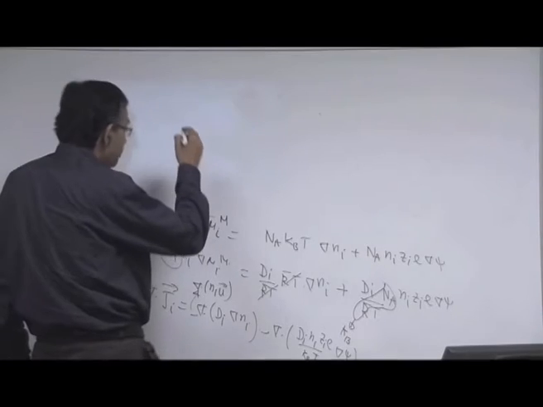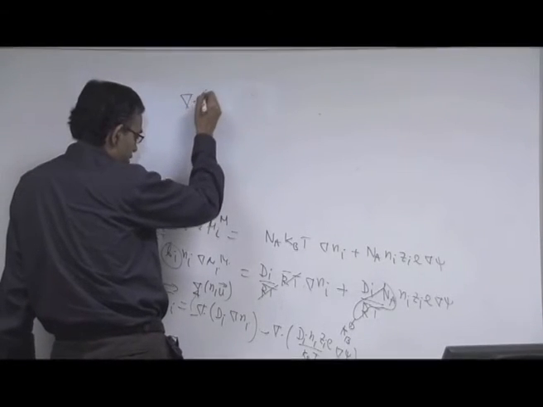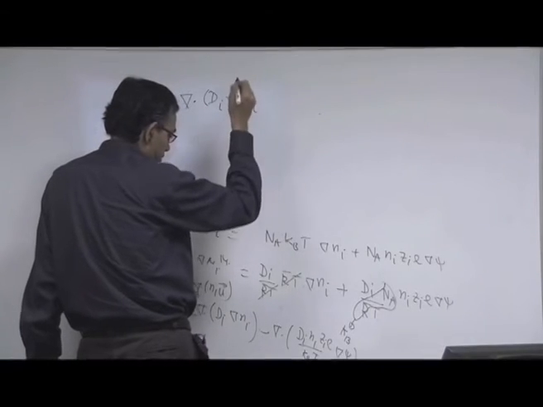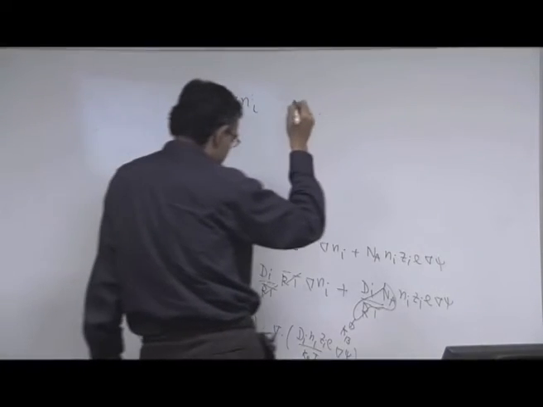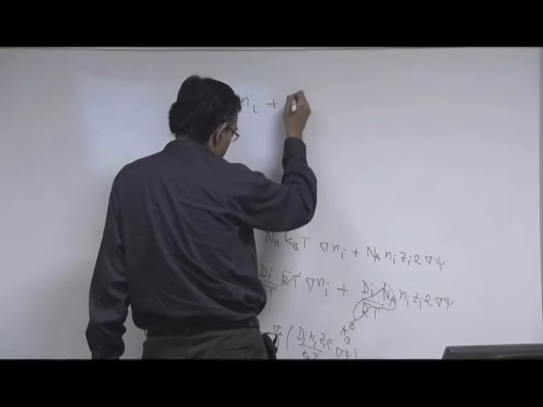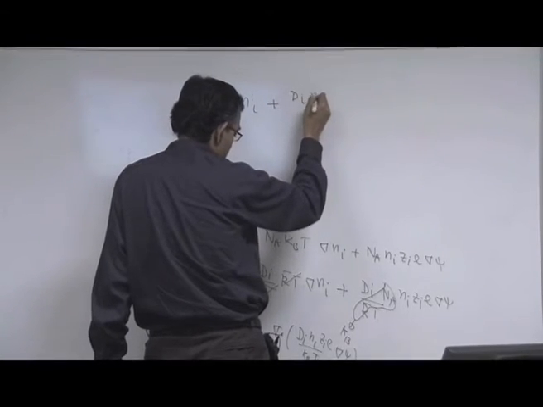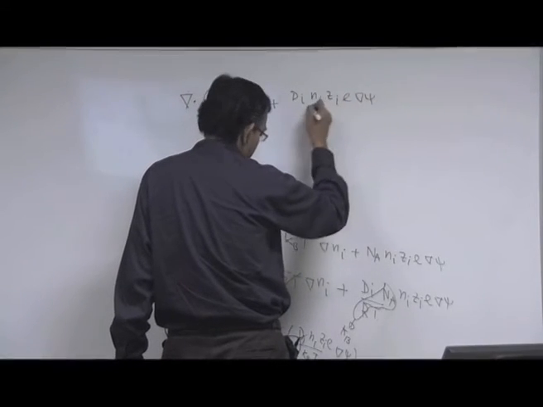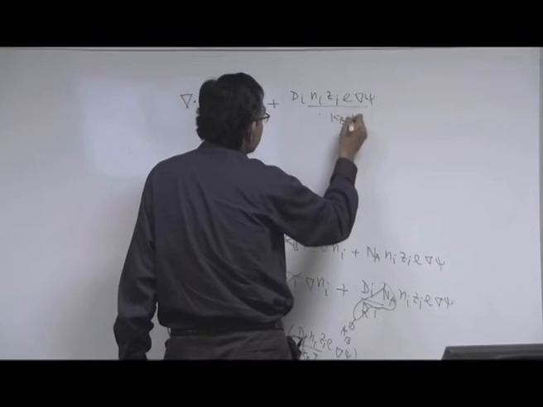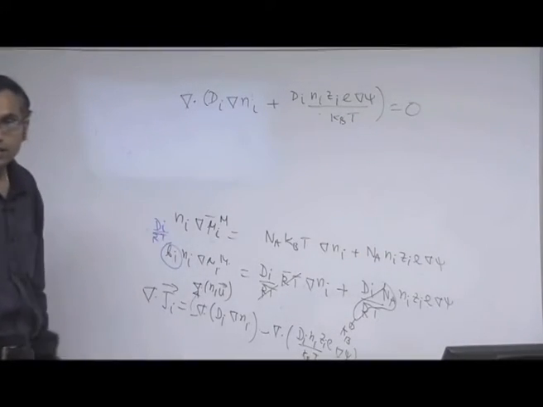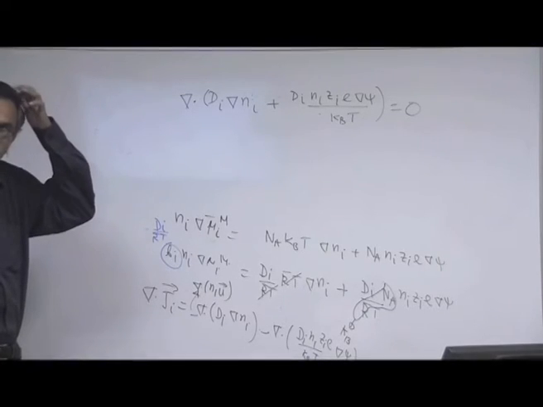So you have del dot Di del Ni, if the unsteady and the fluid flow terms are not there.